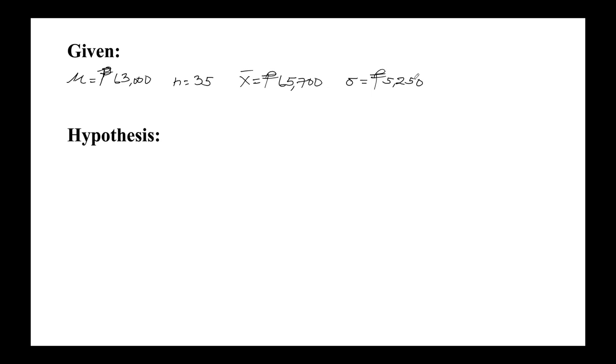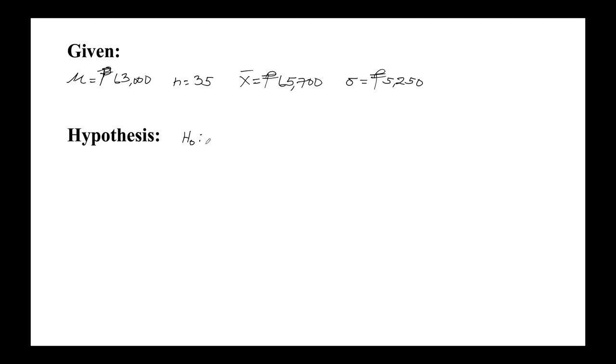Now, next step is to have the hypothesis. And of course, we should identify the claim. Now, for our hypothesis, again, let's have H sub 0, or sometimes H sub O, anyway, it's just the same. Null hypothesis. Just like what I have told you before on our introduction, if this is null hypothesis, dapat dito merong equal, lagi. Kapag alternative hypothesis, not equals naman.